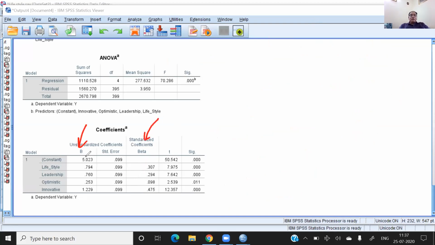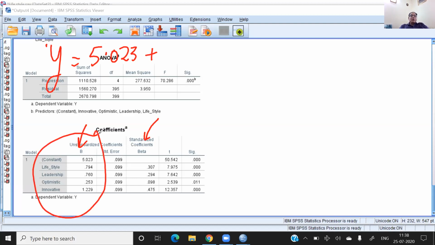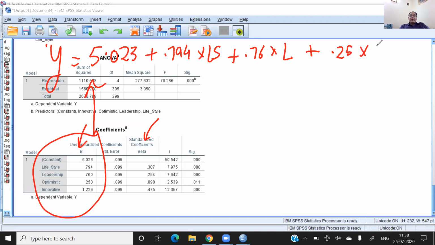So if I want to write the equation, I can write the equation like y is equal to alpha plus 5.023. So unstandardized beta is used to write the equation: 0.794 into lifestyle, 0.76 into leadership, plus 0.253 multiplied by optimistic, plus 1.229 multiplied by innovativeness, right?